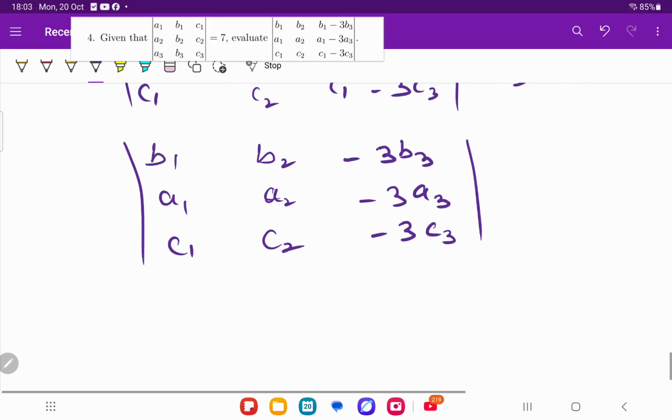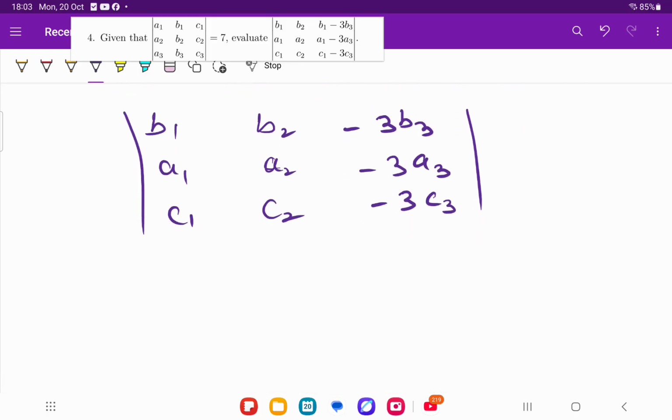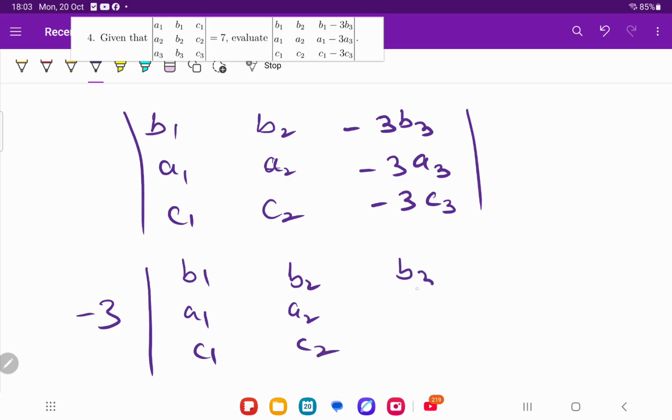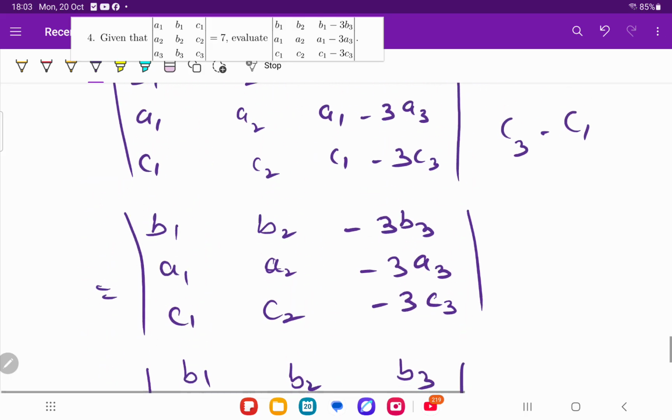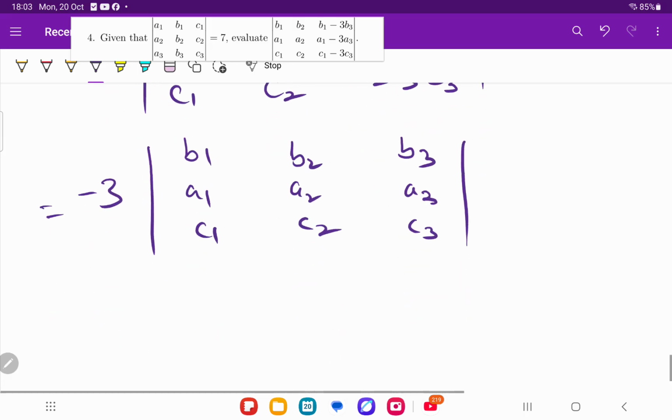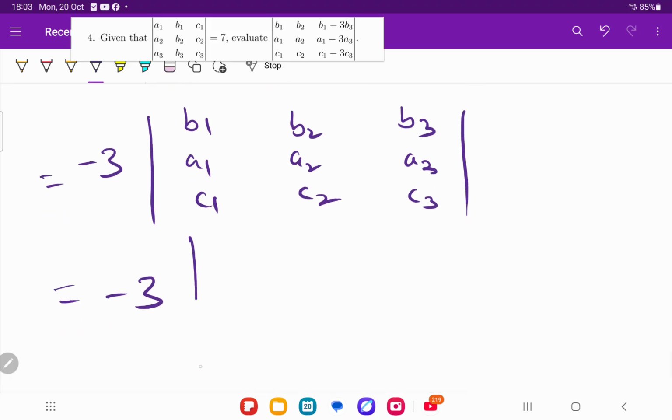So out of column 3, minus 3 can be taken out. We are left with b1 a1 c1, b2 a2 c2, b3 a3 c3, equal to minus 3 times this determinant.